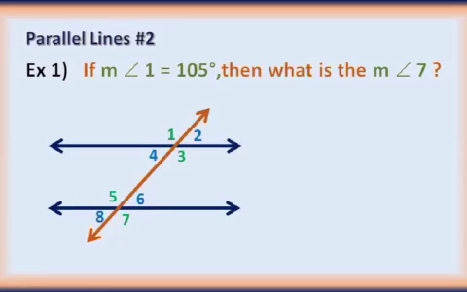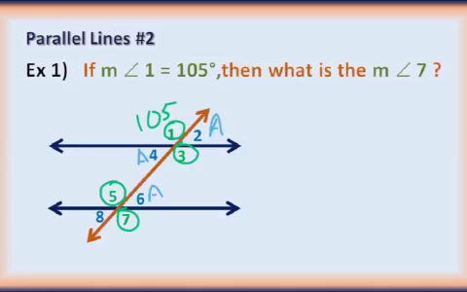Look at example 1. If the measure of angle 1 is 105 degrees, let's put 105 right here. And this is what is the measure of angle 7. Well, if I label this as an O, O, O, that's an O. And if we look at the even numbers, they're all acute.